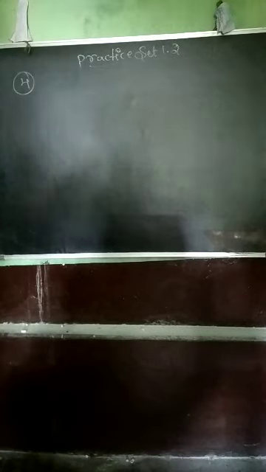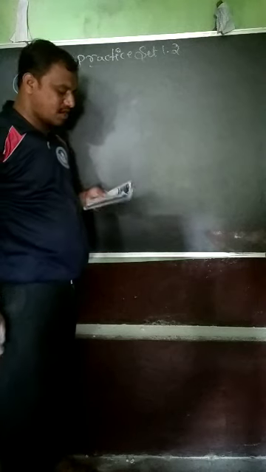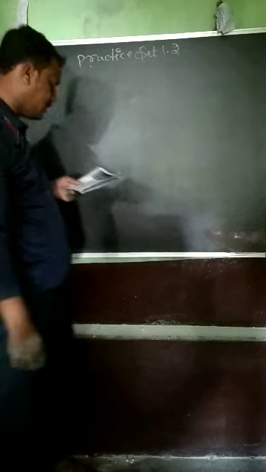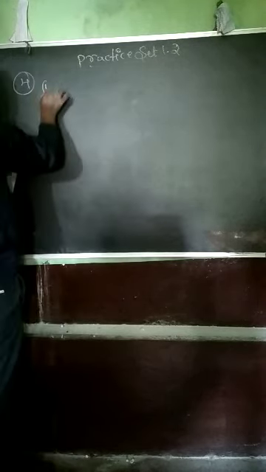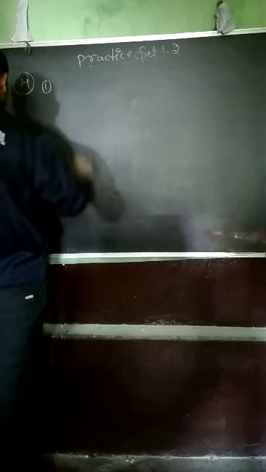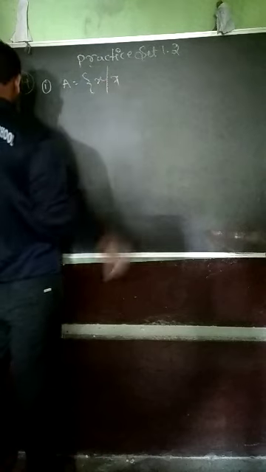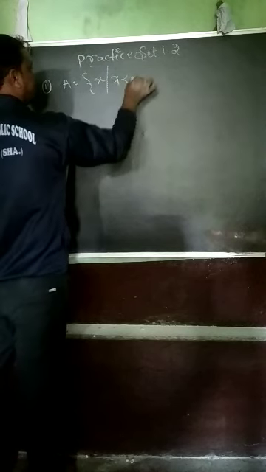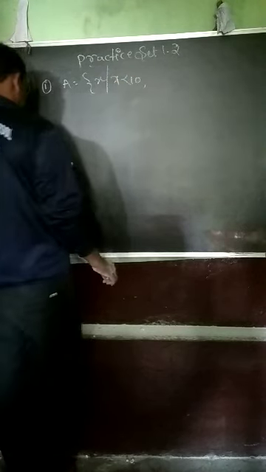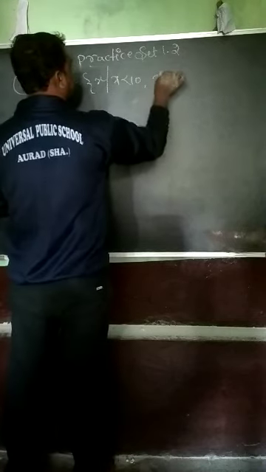Next, fourth question, write with reason which of the following sets are finite or infinite. Right? Question number 4, the given A is equal to x such that x is less than 10 and x is a natural number.